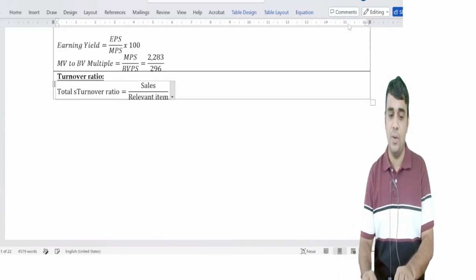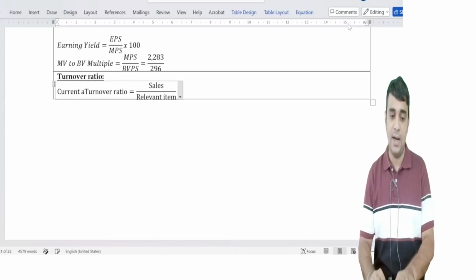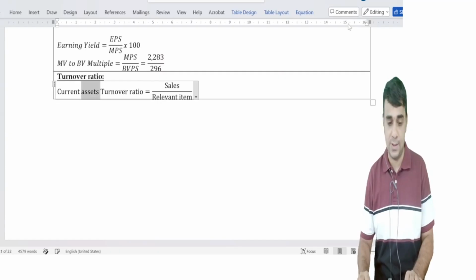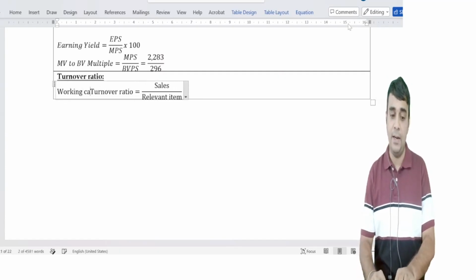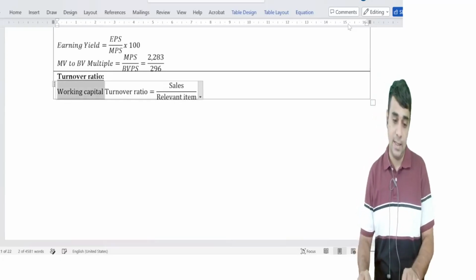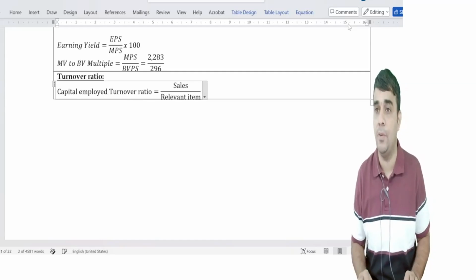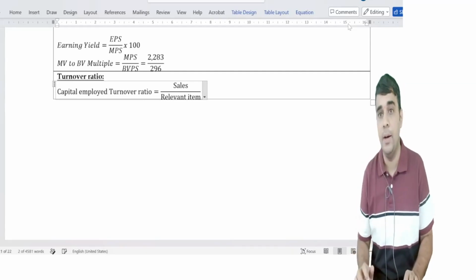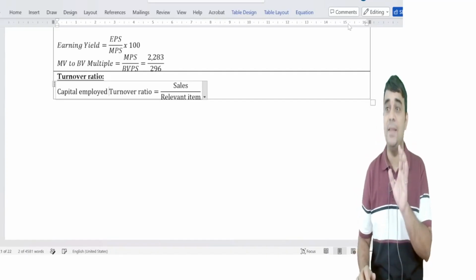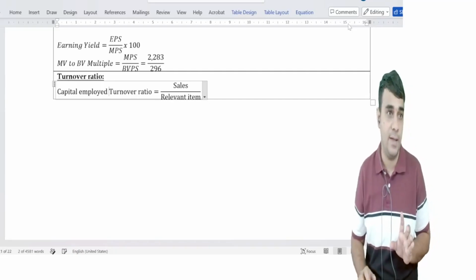Total asset turnover ratio is divided by total assets. Current assets turnover ratio is divided by current assets. Working capital turnover ratio is divided by working capital. Capital employed turnover ratio, or capital turnover ratio, is divided by capital employed. Sales by the relevant item.